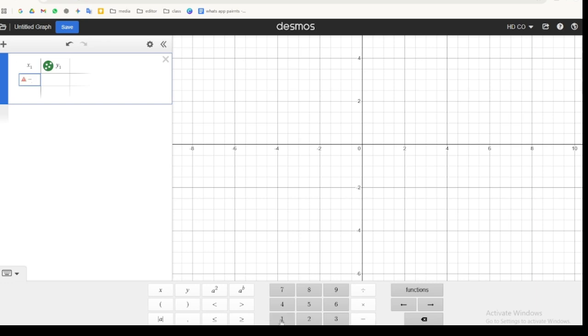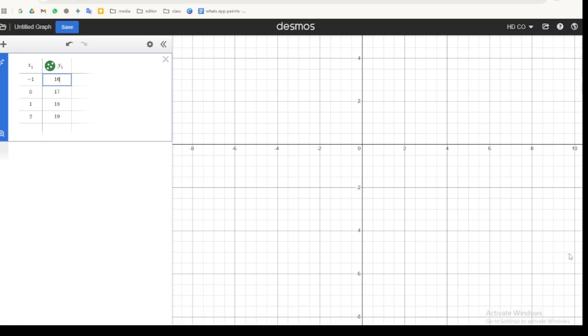Here is minus 1, here is 0, and 2, with y values 19, 18, 17, and 16. This is the table.